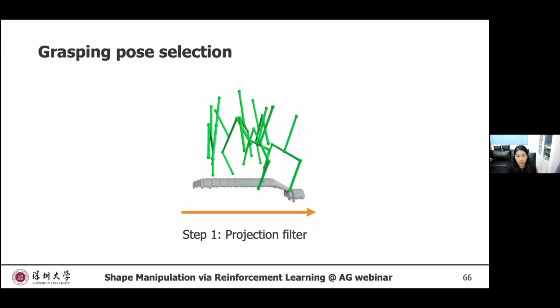And the second step is angle selection. We think that when the grasping pose is perpendicular to the upright direction, the contacting region will be larger and the final placement will be more stable. So we compute the angle between the grasping pose direction and the upright direction and select the one with the angle closest to 90 degrees.